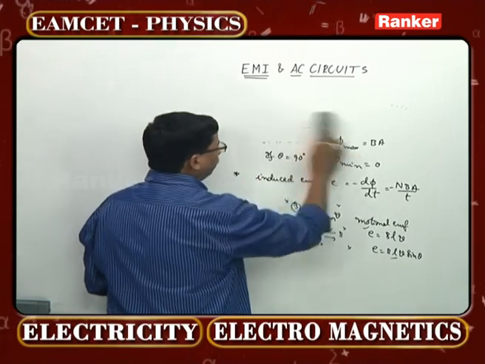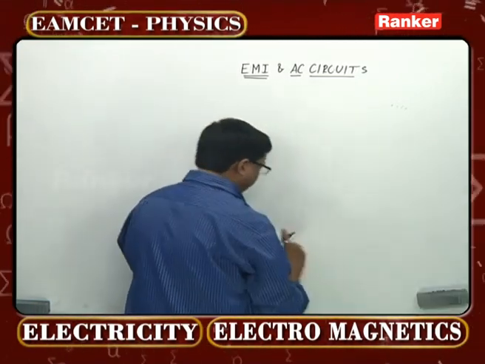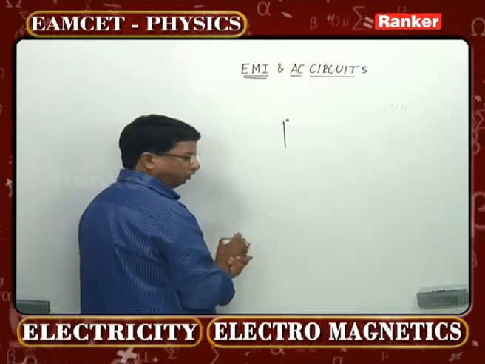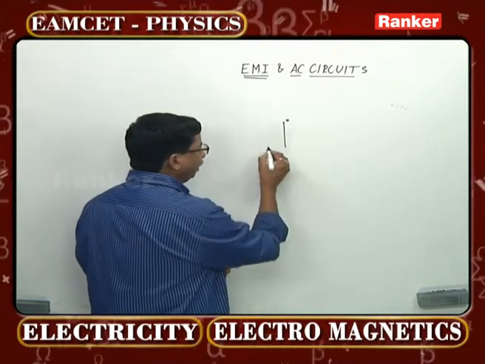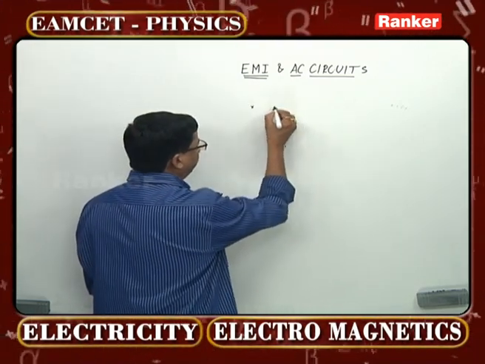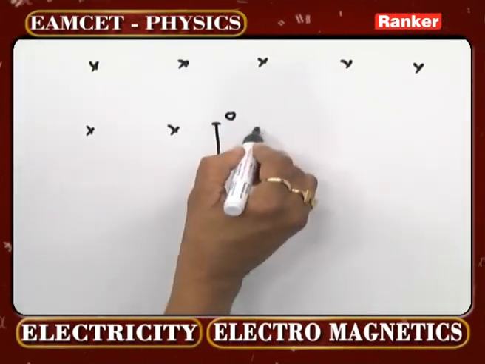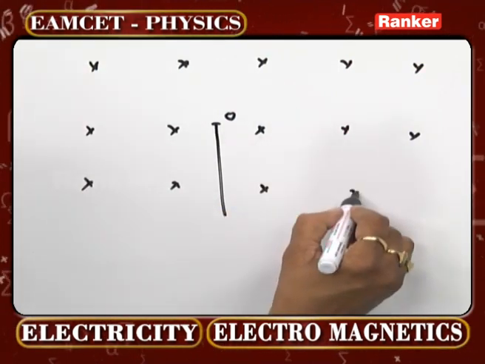Come to one more application here. Sometimes they may say there is a rod which is hanging this way. This is the point O, the fixed point from which it is hanging. Now, there is a magnetic field applied perpendicular to the board, and the direction is into the board.